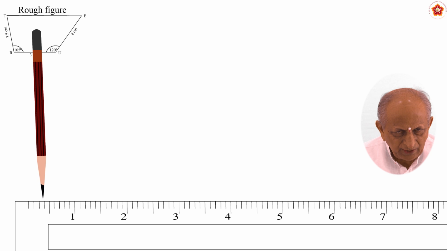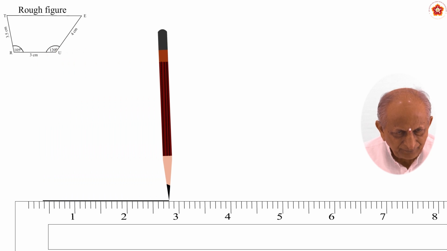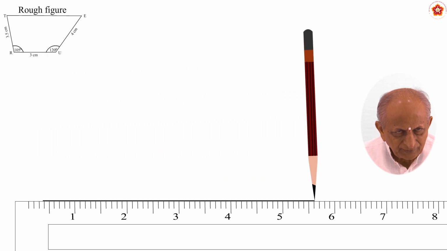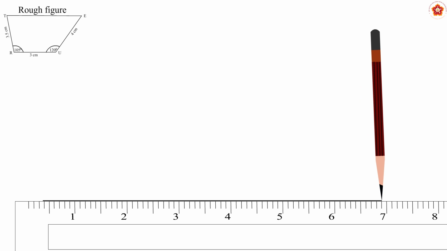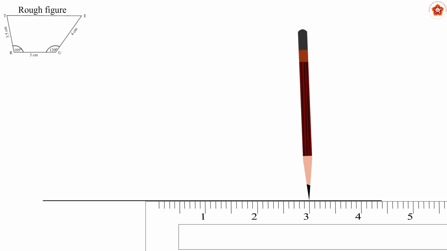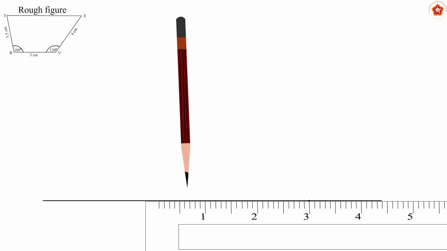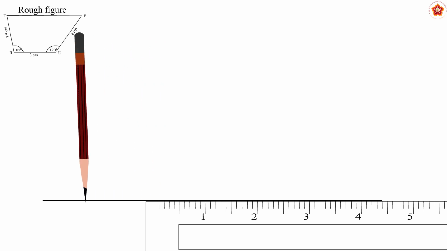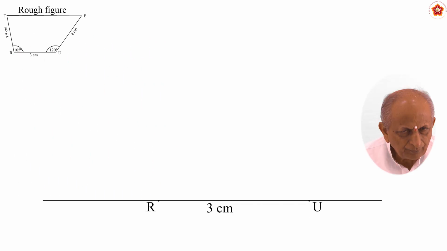Now, shall we do the real figure? Take a scale, take a length of 3 centimeters. Mark the 2 points, R and U. RU should be 3 centimeters.